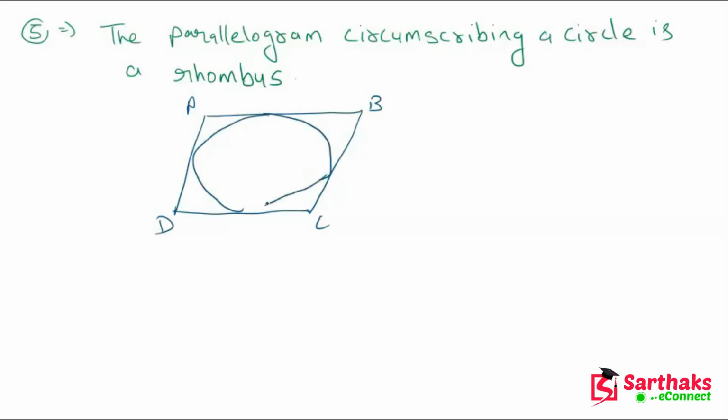Assume that this is a circle touching at points P, Q, R and S. So according to this statement, we can say that ABCD is a rhombus. Okay, so now let's move to the next property.